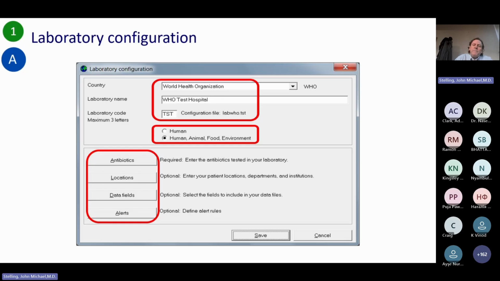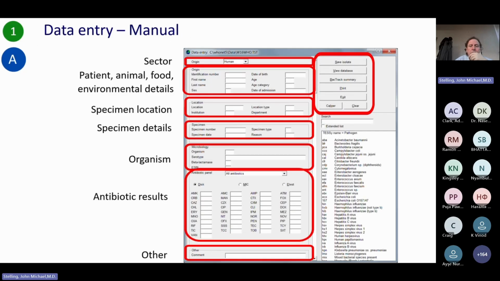So in WHONET, we have automatically removed fields that we don't think you need, but we've added other fields like animal species, production type, and you can add other fields. Many of you have very long lists, and others of you have very short lists. So on the human side, people often don't change the list very much, but on the animal side, they do. Or on the research side, research projects, they also change it a lot.